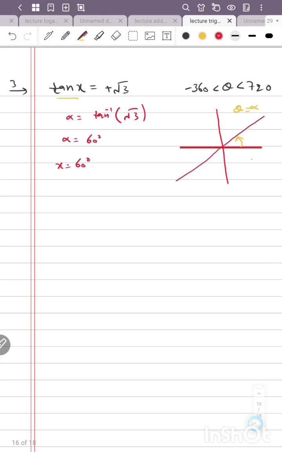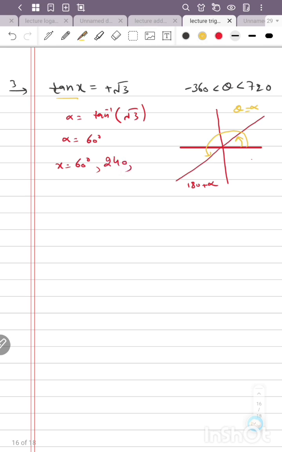Now we go from the first quadrant to the third quadrant. In the third quadrant we know it is 180 plus alpha, so 180 plus 60 gives the answer 240.